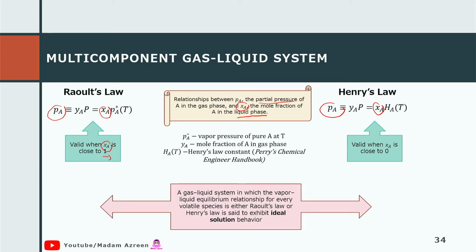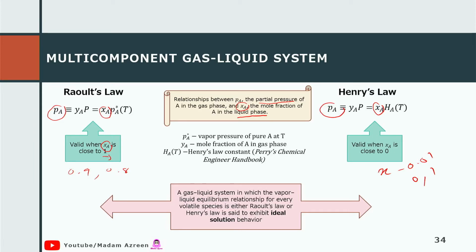For Henry's law, the value of X is really small, 0.0something, like 0.1, a really small value of X.